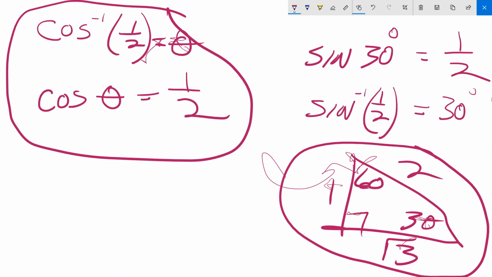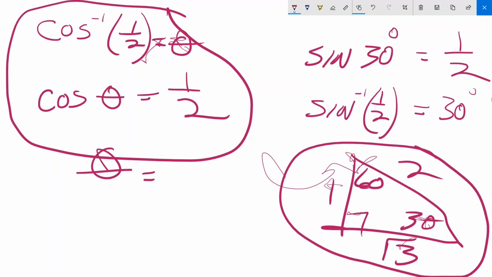In other words, we're trying to solve for theta. What's the cosine of 30? Always got to start with SOHCAHTOA. Always. Got to know it by heart, backwards, forwards, and like the back and front of your hand.